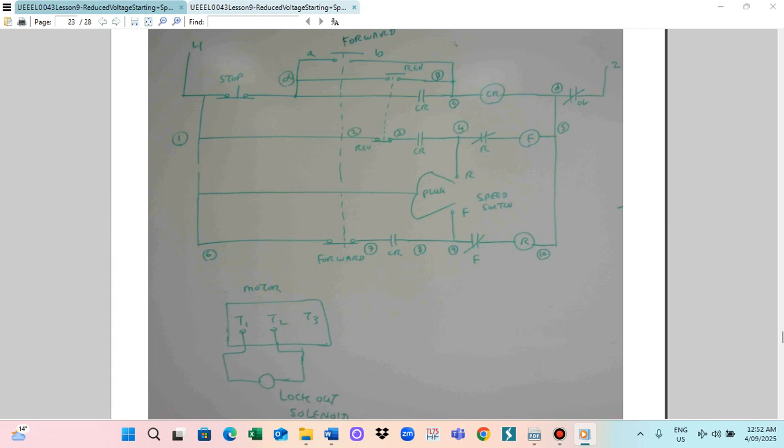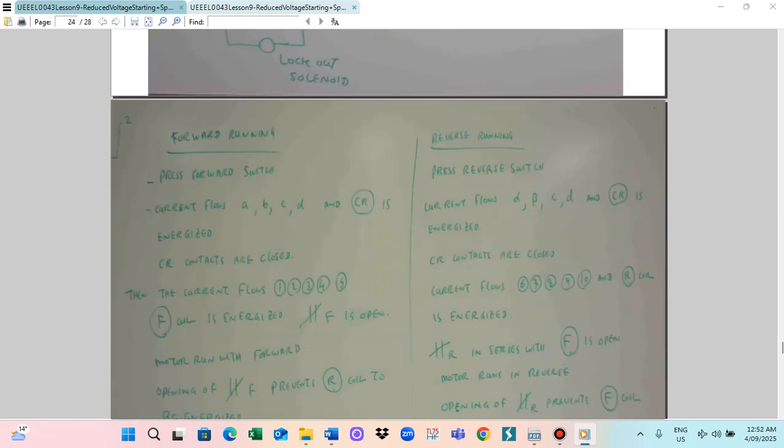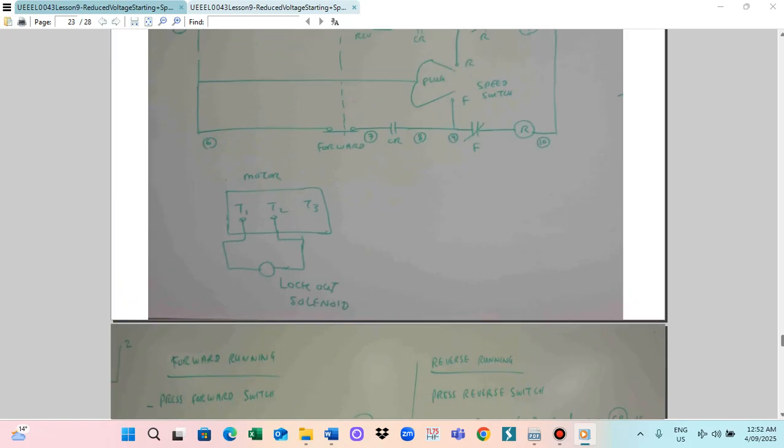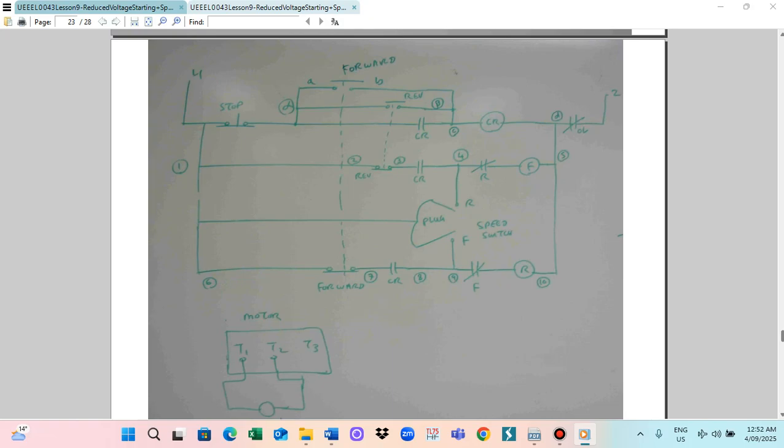So for forward running, press the forward switch. The current flows from A, B, C, D, and the CI and the JI. The current flows from ABCD and CI is energized.